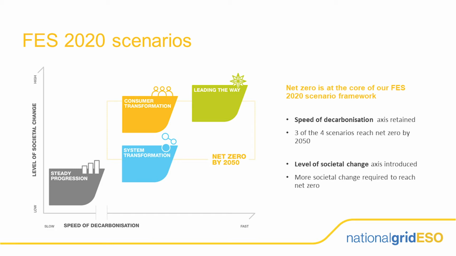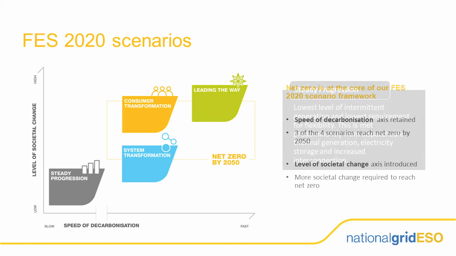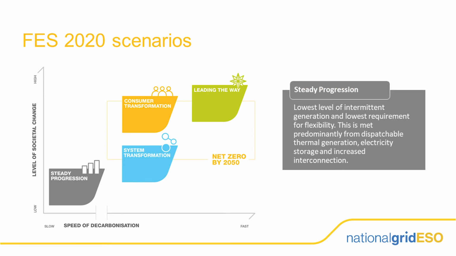Speed of decarbonisation is on the x-axis, whilst level of societal change is on the y-axis. 3 of the 4 scenarios reach net zero by 2050.